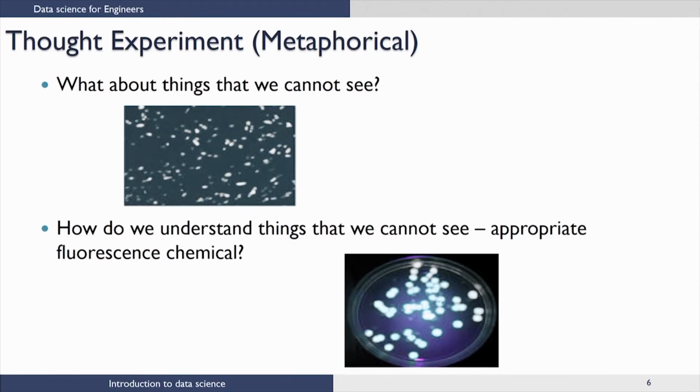Now, the assumption here is when someone comes up with a chemical like this, they have tested it, they have shown that it works for that particular microorganism theoretically and repeatedly. So, we cannot really go back and question whether this chemical is good for this microorganism, because that has been demonstrated reasonably well.